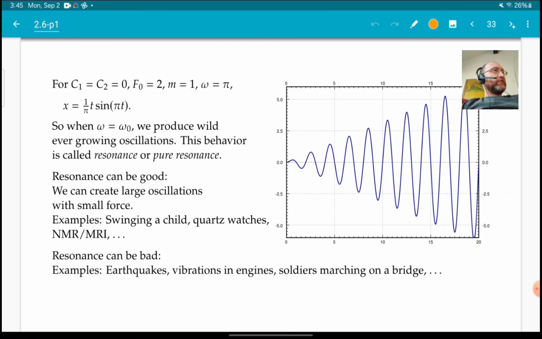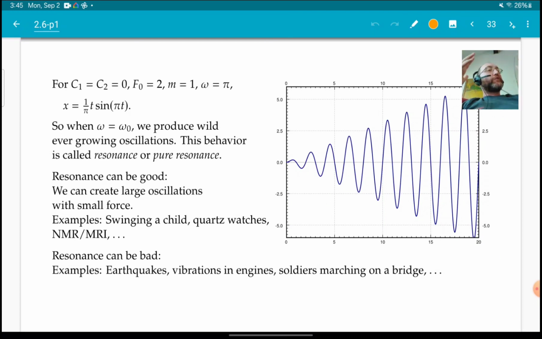You get a very consistent vibrating force, and if some other part starts resonating, that can either just be annoying, you hear the resonance, or it can actually take the car apart. There's even an example where soldiers marching on a bridge with a very fixed rhythm have caused the bridge to collapse because it hit the resonance frequency.